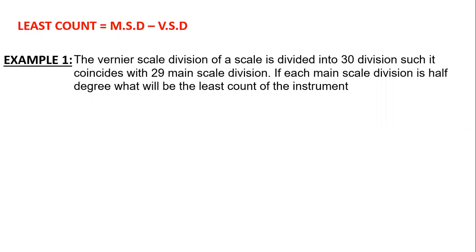So here they are given that the vernier scale division of a scale is divided into 30 divisions such that it coincides with 29 main scale divisions. Yes, Sudhanshu, you are correct. That means if I just convert that line into mathematical form, I will get some relation. Also, the second statement states that each main scale division is half a degree. So here they are actually measuring some angle.